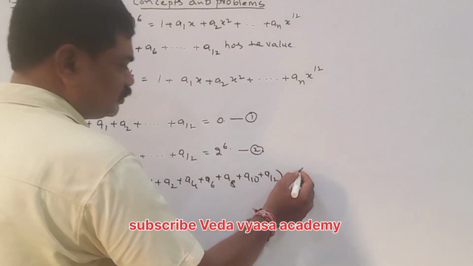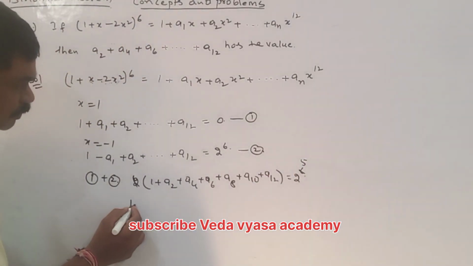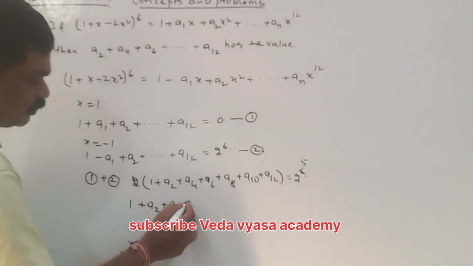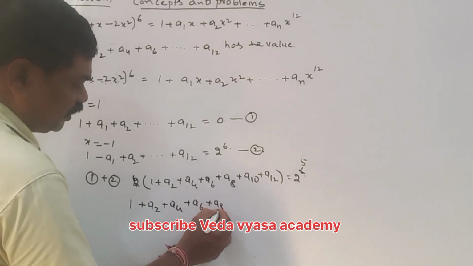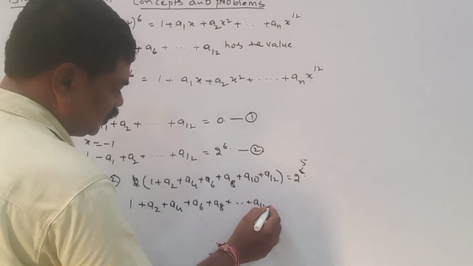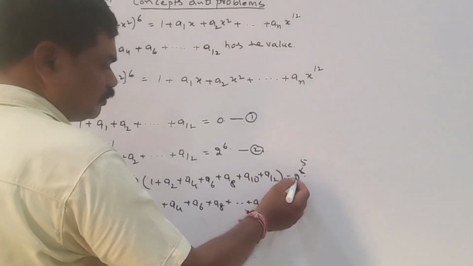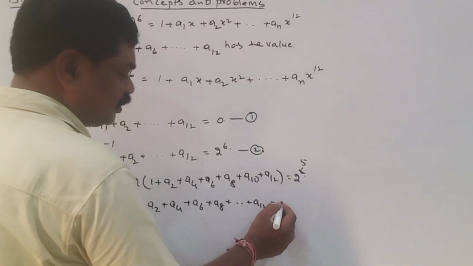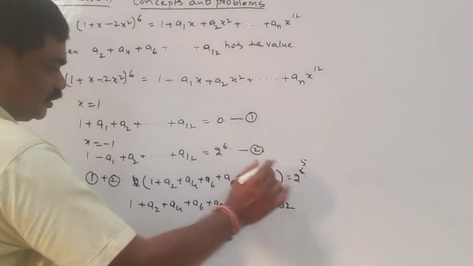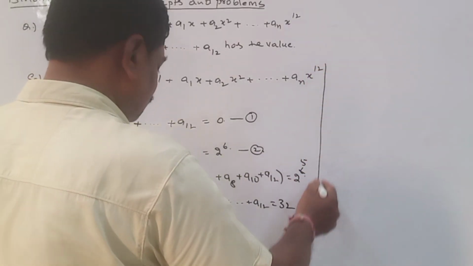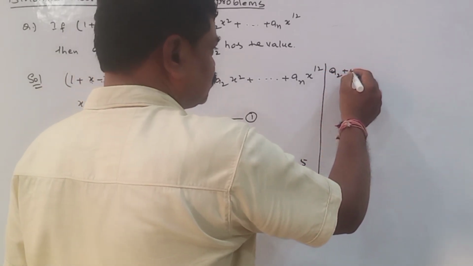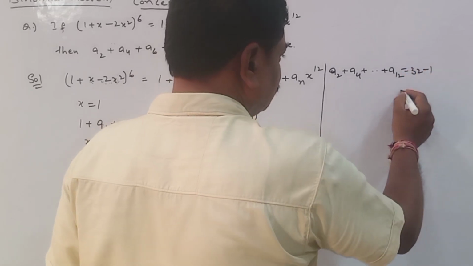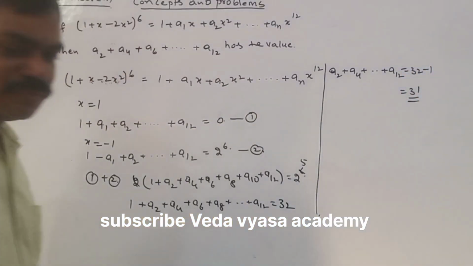So 1 + a2 + a4 + a6 + a8 + and so on + a12 equals 2 power 5, which is 32. Then taking 1 to that side, a2 + a4 + so on + a12 is equal to 32 - 1, so 31 is the answer.